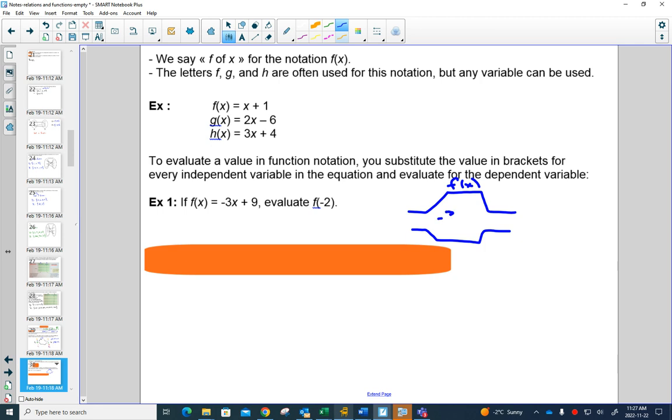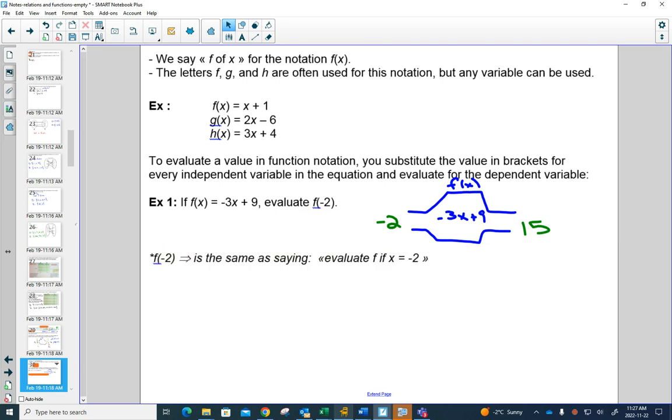The rule is negative 3x plus 9. And this question is asking to evaluate f of negative 2. It's saying, well, if you threw in negative 2, what would come out? 15. So we can draw it like that.